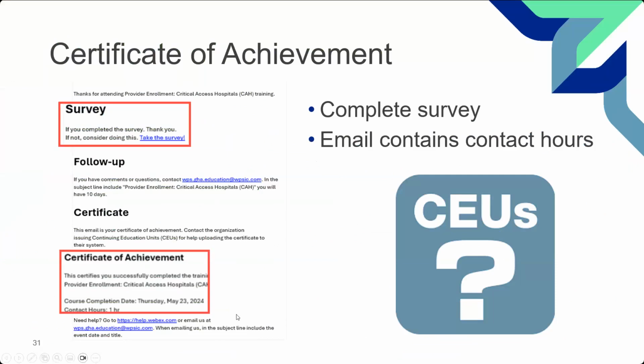It's going to look similar to what's on your left here. We have the certificate of achievement information down here. The email is going to have your name, the title of the course you attended, the date, and the contact hours. So your accrediting body probably has a mechanism for you to save and upload this information for consideration for CEUs.